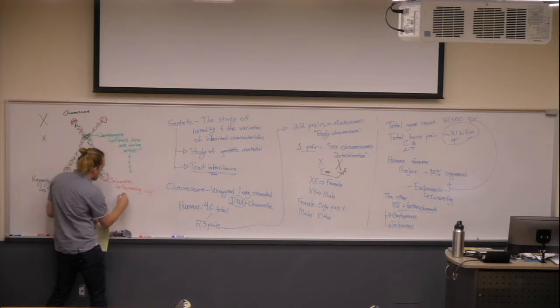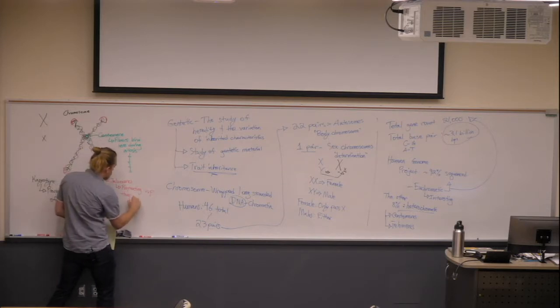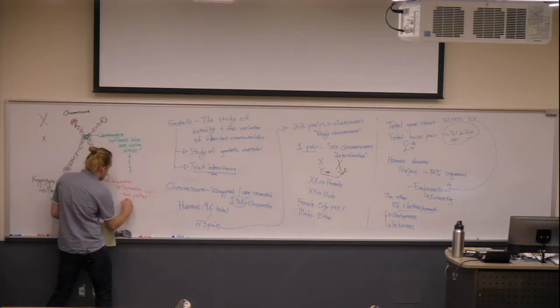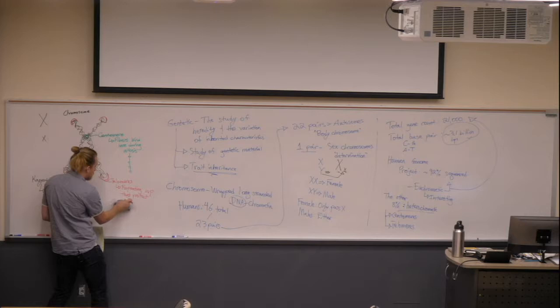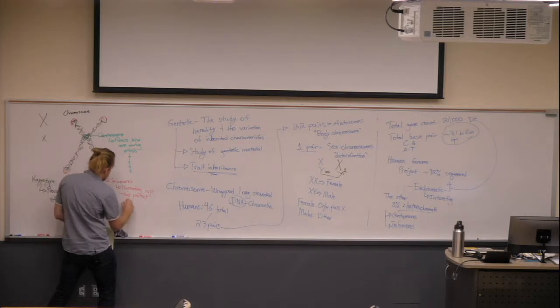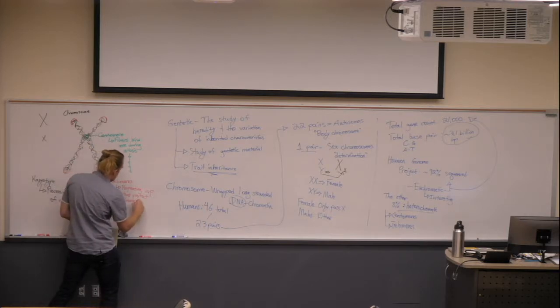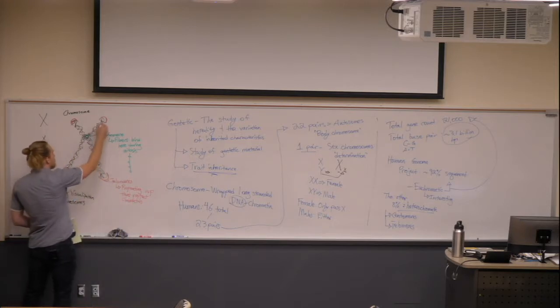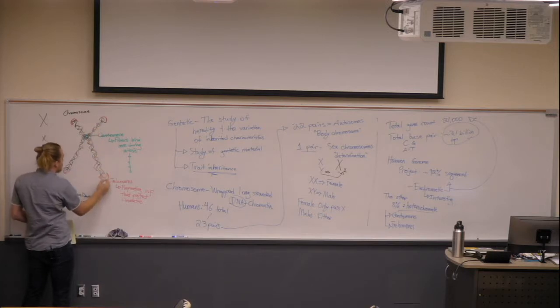So they're repeating base pairs that protect the chromatids. Notice I said chromatids. A chromatid is one of the strands.